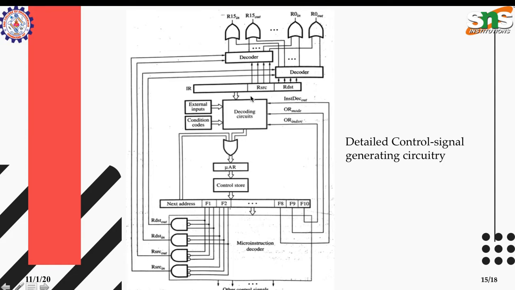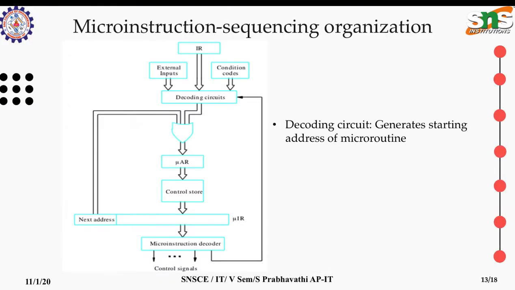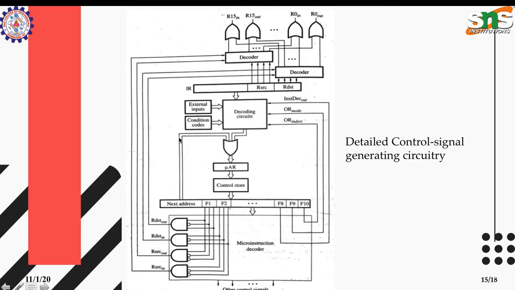Okay, and here is the detailed control signal generating circuit. Please keep in mind this detailed explanation is given in the next slide. So here what's happening: first is the instruction, followed by the decoding circuit. The decoding circuit takes the external inputs and condition code, and these three are nothing but the output of the previous instruction given as an input to the current instruction.